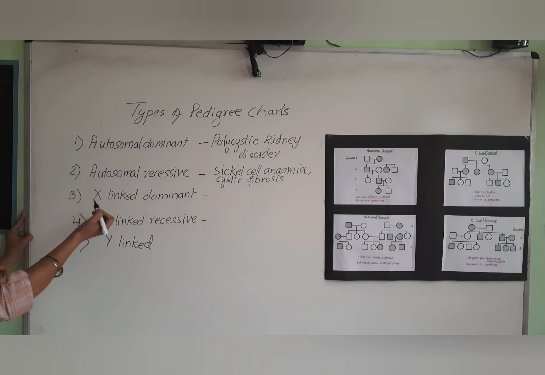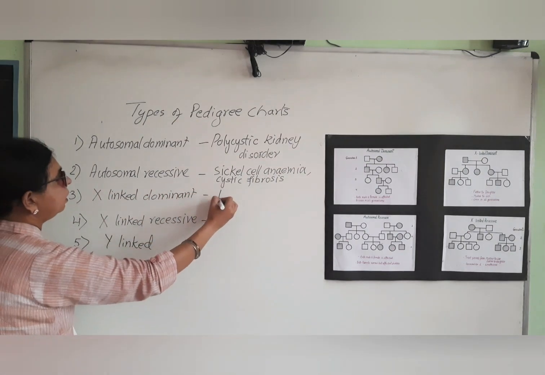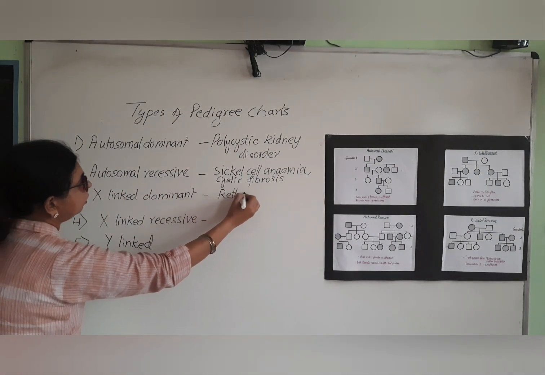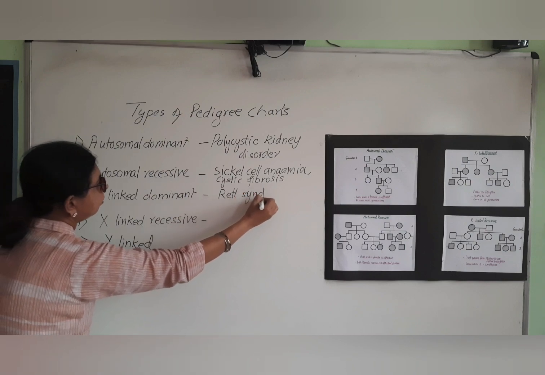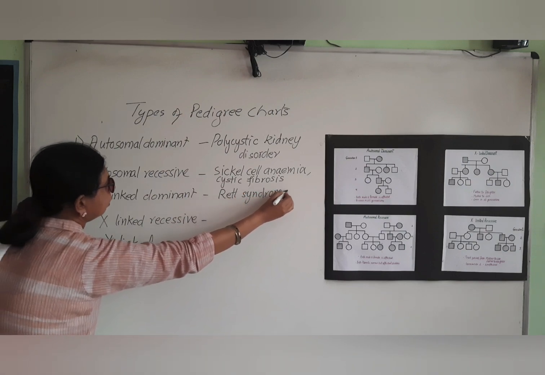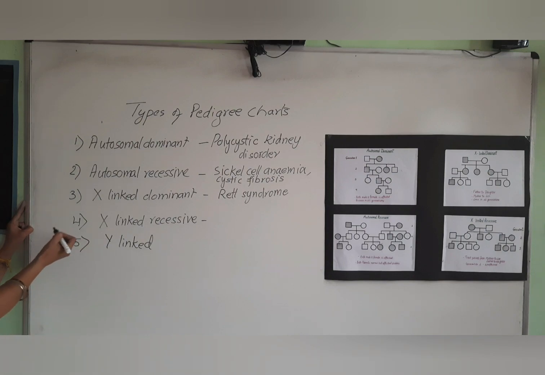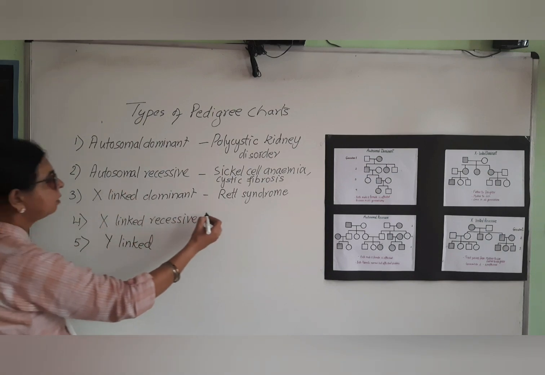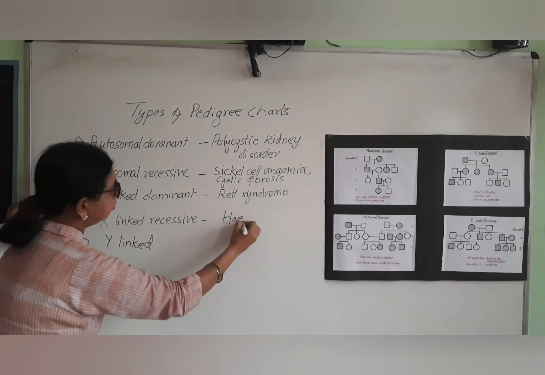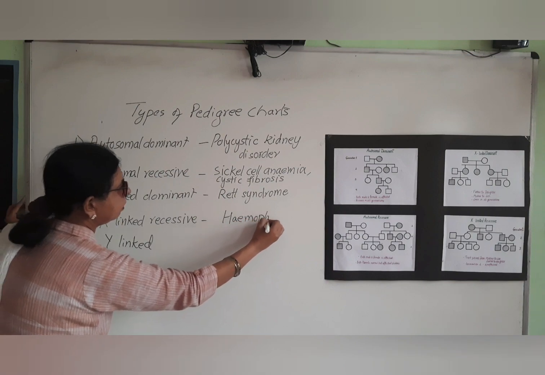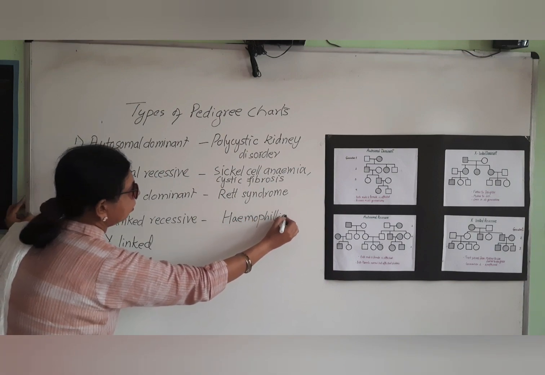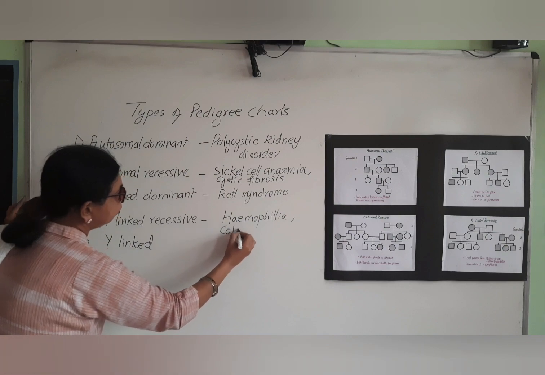Example of X-linked dominance is Rett syndrome. Example of X-linked recessive is hemophilia and color blindness.